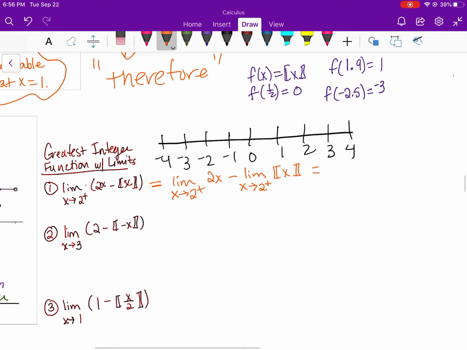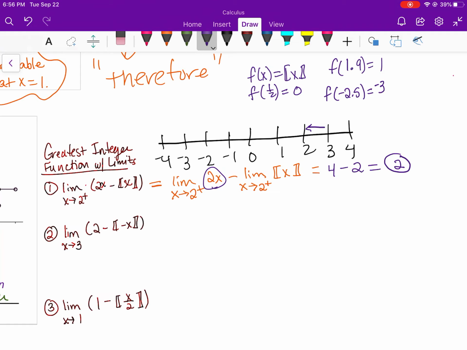And this first part, the line 2x, if I look at the limit on the right side of 2, that's just going to be 4. So that's no different than just plugging in the 2. But if I look at things on the right side of 2, like coming in this way, that goes back to 2.